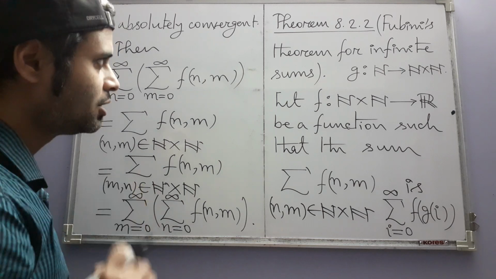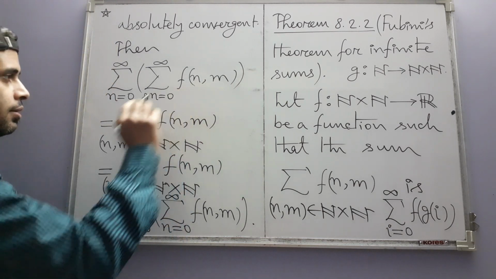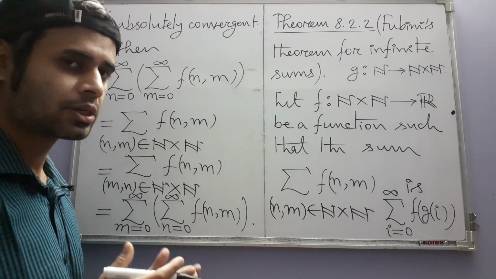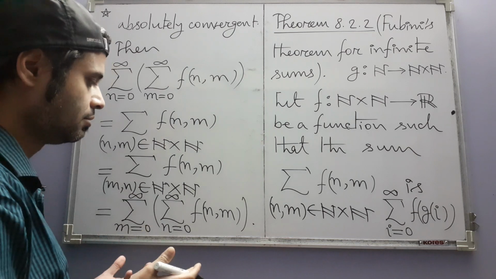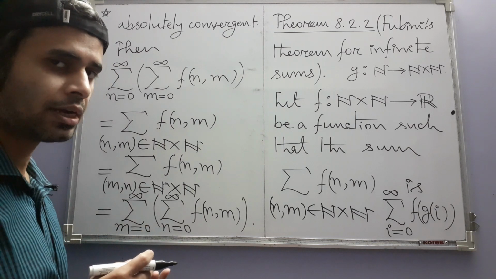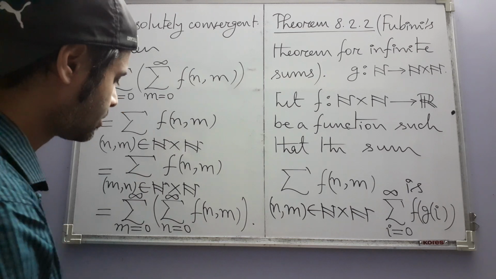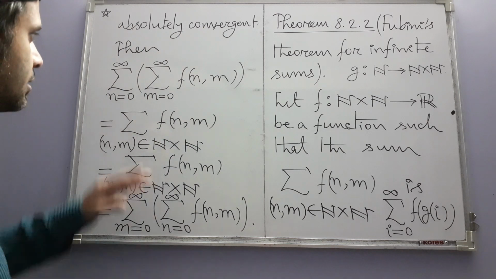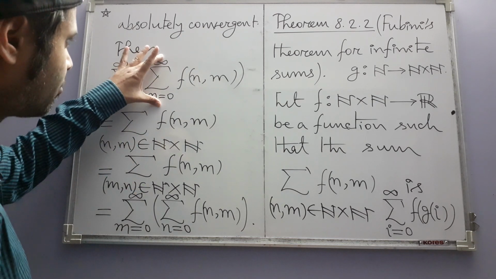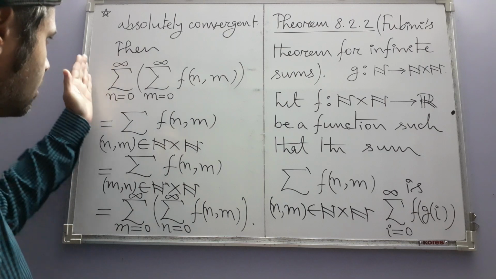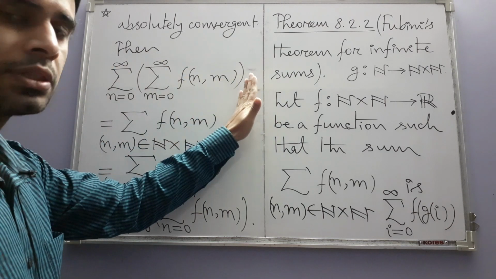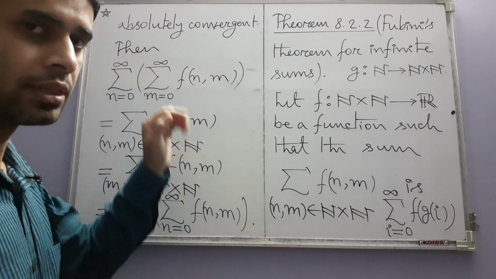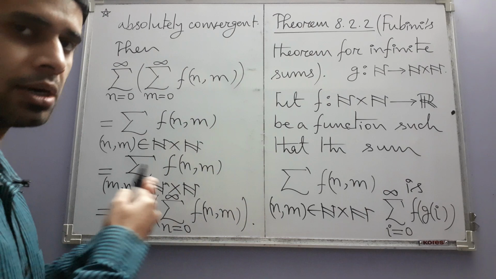The advantage of Fubini's theorem is that you can switch the order of these two sums, which sometimes becomes extremely important, and in fact you need to do such things in calculations. For example, you have one sum and inside you have some other sum, but it's difficult to perform this inner sum, because the way things go in this kind of symbols is that what is inside you do that first, and then you gradually come outside.